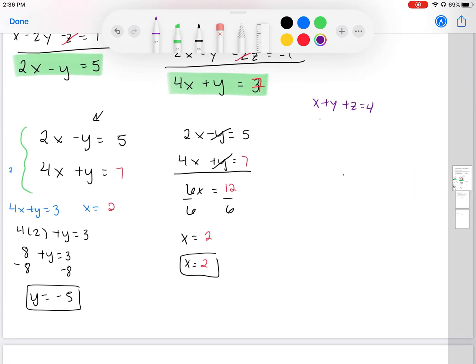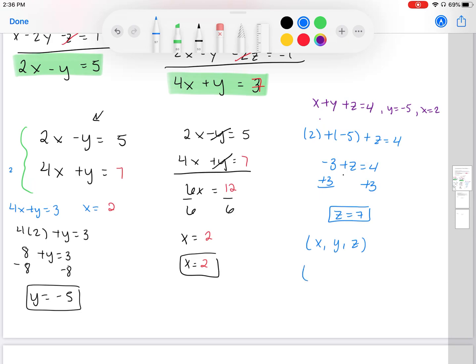With y equals negative 5 and x equals 2, I have 2 plus negative 5 plus z equals 4. 2 plus negative 5 is negative 3, plus z equals 4. Add 3 to both sides, and z equals 7. Our answer is always x, y, and z. Our answer is 2, negative 5, and 7.